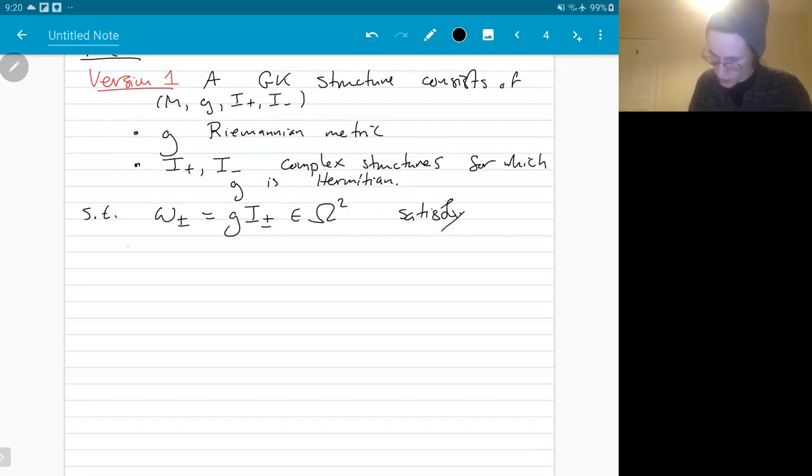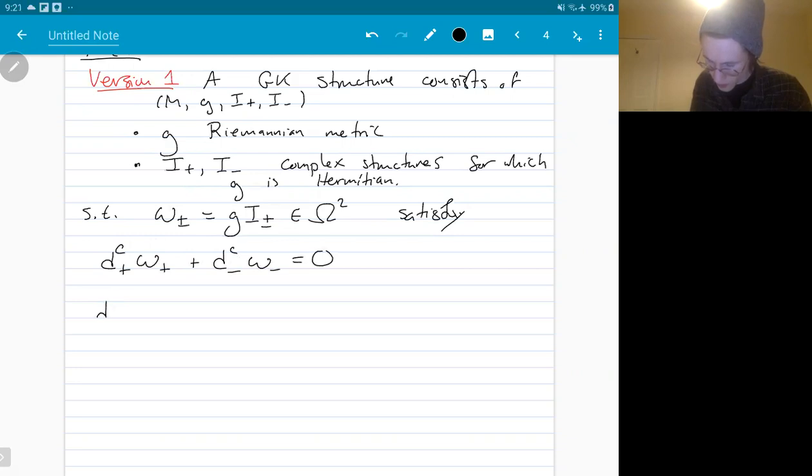which are the generalization of the fact that the two-form in a Kähler structure is closed. In this case, they're not closed. They satisfy the following equation. First of all, d^c plus omega plus minus d^c minus omega minus is 0.